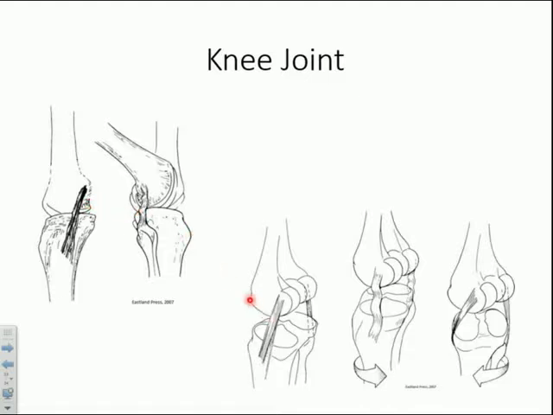Something else to mention regarding knee joint stability: we mentioned in the previous slide that the cruciate ligaments minimize medial rotation of the tibia on the femur. If you look at this diagram, you'll notice the orientation. The fibers run at a slightly oblique angle for both the medial and lateral collateral ligaments, such that with medial rotation, where the cruciates get tight, these tend to become a little bit looser.